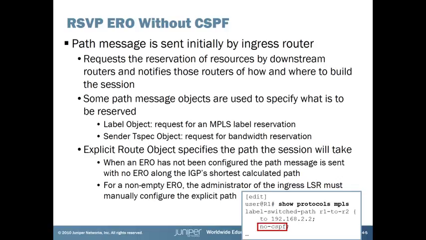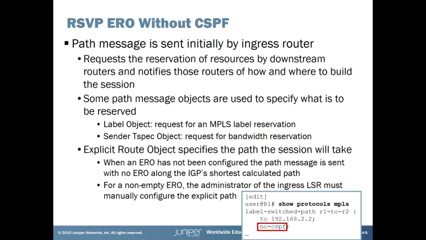For a non-empty ERO, when we actually do give it an ERO, which says go here, then go there, then go there, the administrator of the ingress LSR, label switch router, must manually configure the explicit path. And that's exactly what we did last week. We created this ERO, we turned off our CSPF algorithm, just like on the slide here, the no CSPF. We put the no CSPF statement in there.